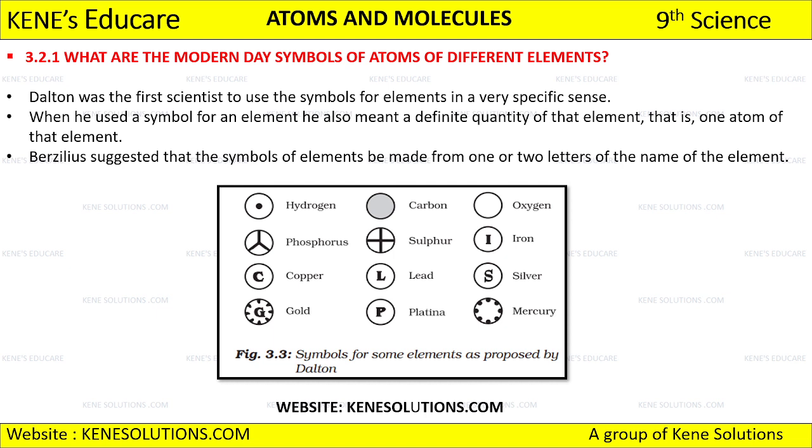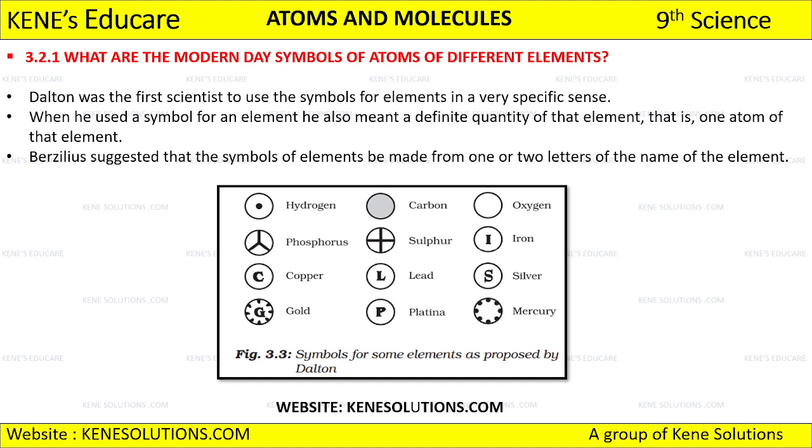If it is just I, that becomes iron. Then S written in the circle is silver, L is lead, C is copper. The gold symbol is totally different. These are the different symbols used by Dalton to make identification of the elements easier for him as well as for others.